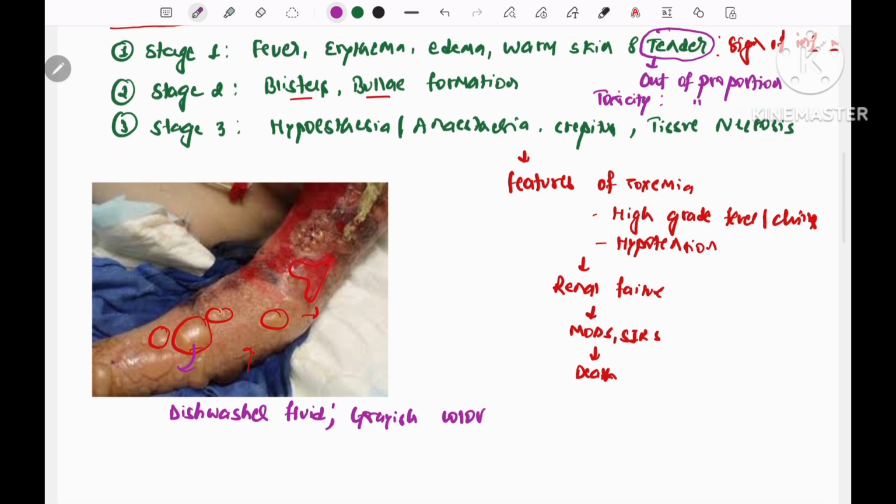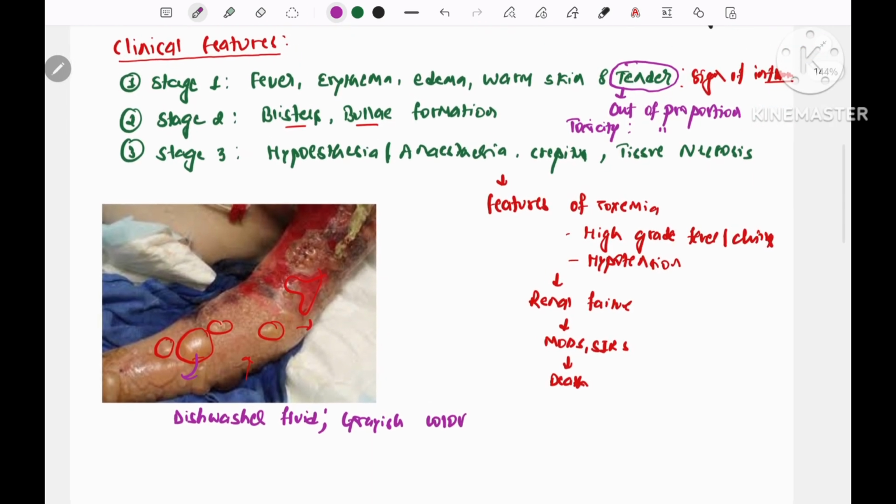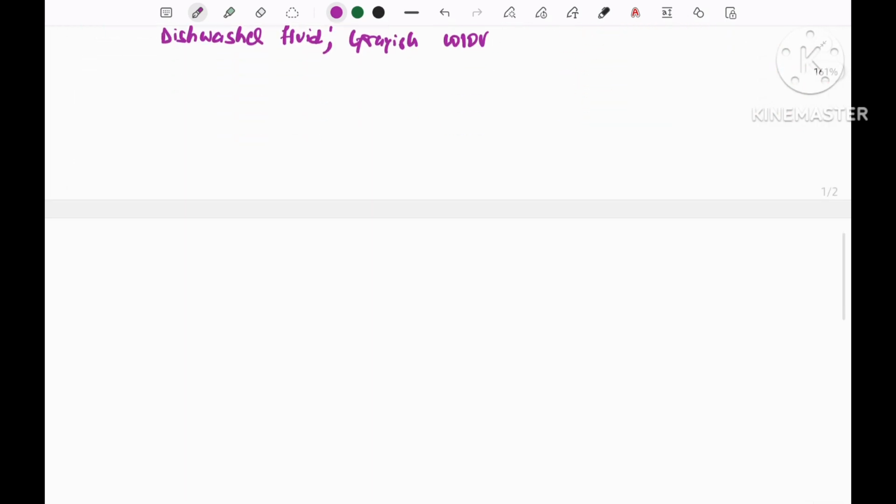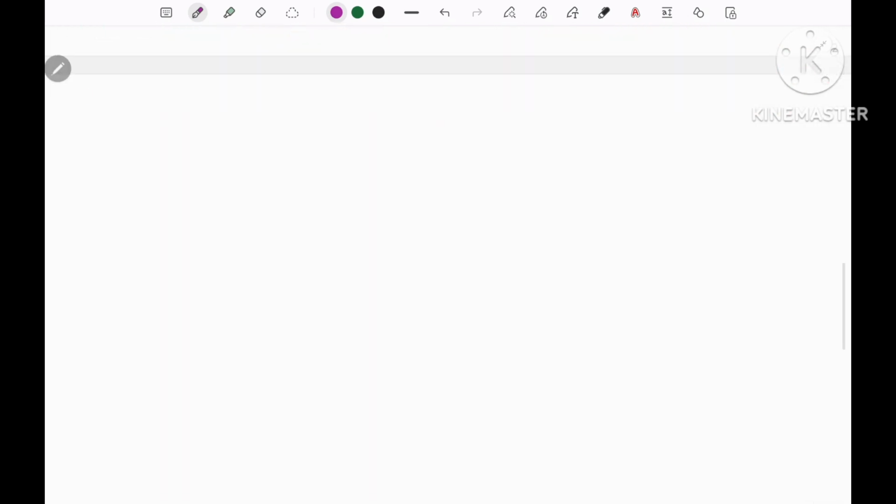So this clinical feature is complete, and now to manage this patient, for the management aspect, the patient is coming to the emergency department. At first we have to do resuscitation, starting from airway, breathing and circulation, we have to manage the airway, breathing and circulation.